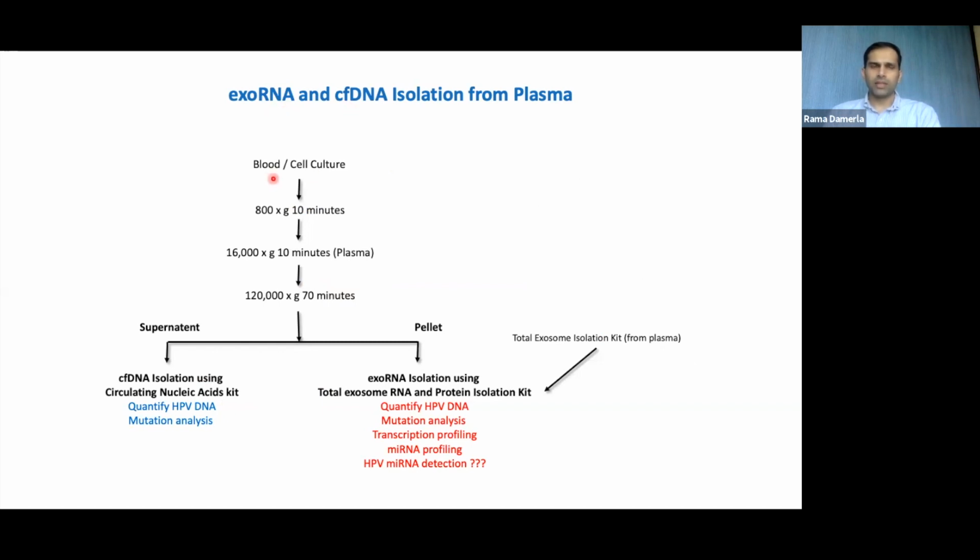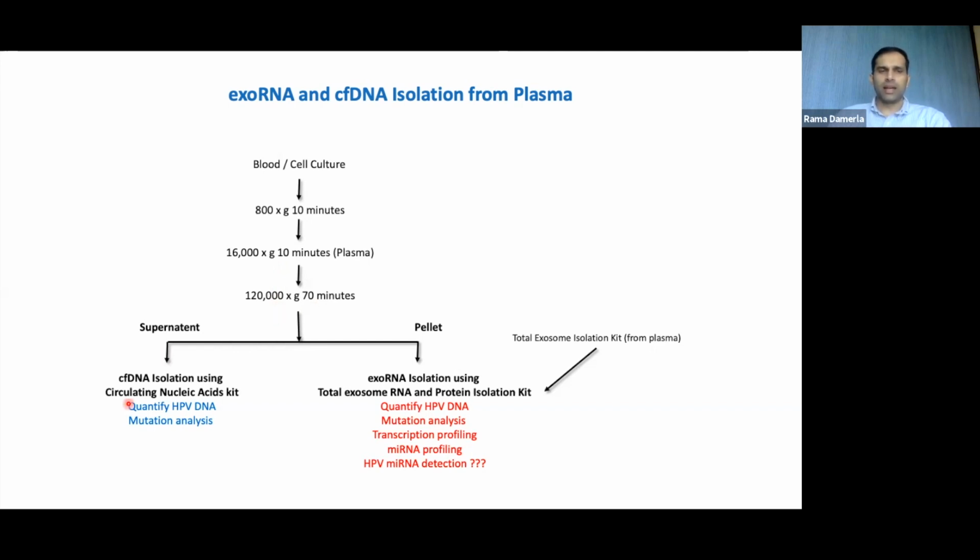So whenever we got a patient sample, we take the blood and spin it down at 800 g for 10 minutes. And then remove the supernatant, which is plasma. And then we spin the plasma again at 16,000 g for 10 minutes. And then we spin it again in an ultracentrifuge at 120,000 g for almost 1 hour.